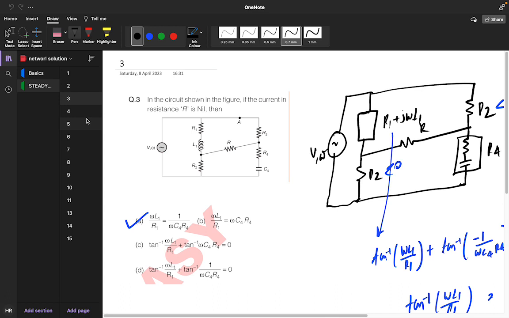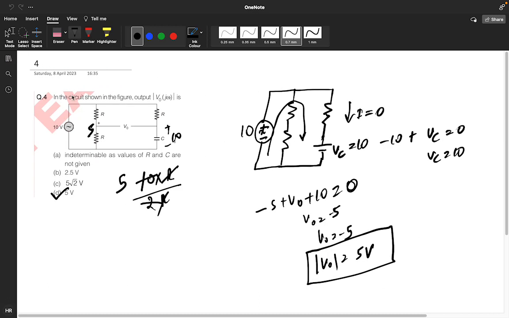Question number 3. They had asked in the circuit shown below V naught j omega. This value they are asking. So how will you solve it? This is your DC value, so it will become open circuit at some point. If it becomes open circuit, you need to find the KVL. So you will get the voltage across the capacitor is 10, and it's like an open circuit.